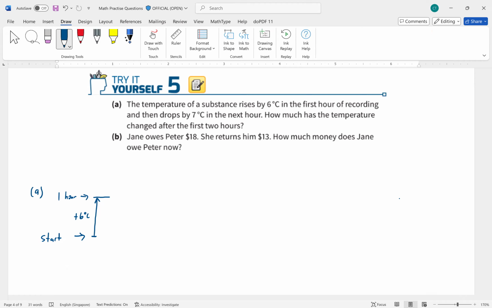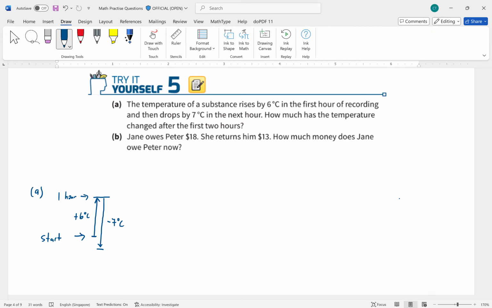Then in the second hour, the temperature drops by 7 degrees. So from this temperature, it drops by 7. From here to here, we have negative 7, because it's a drop. Now they're asking you, how much has the temperature changed after the first 2 hours?